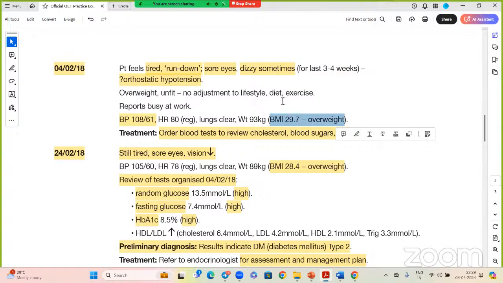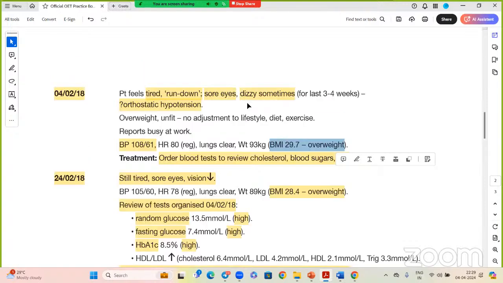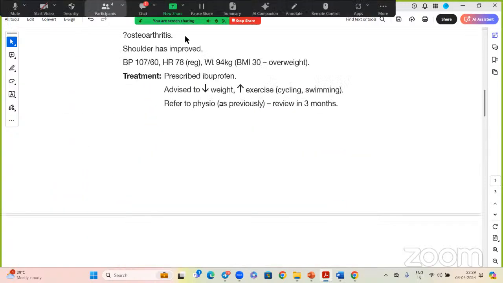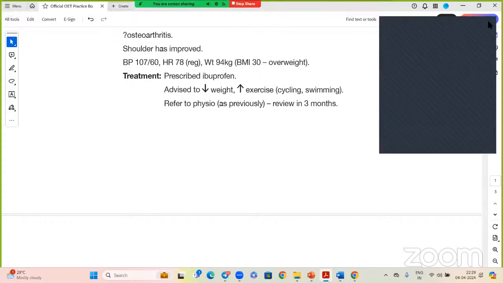Overweight, unfit, no adjustment to lifestyle, no diet, no exercise. His body mass index is higher than the normal level. Very good.